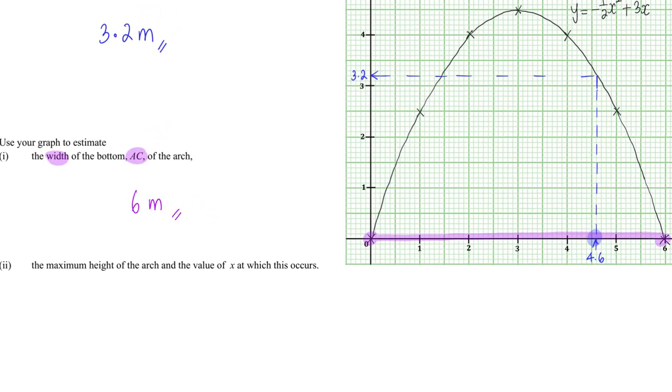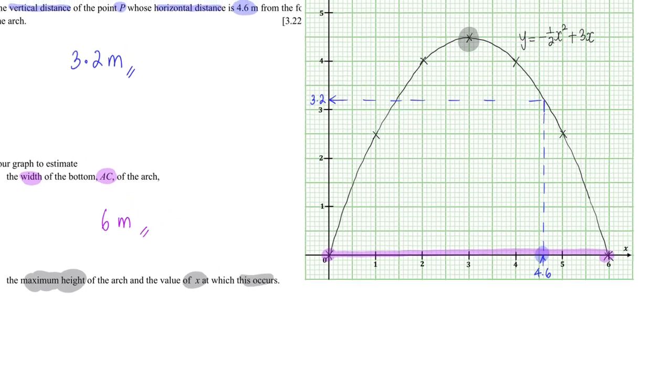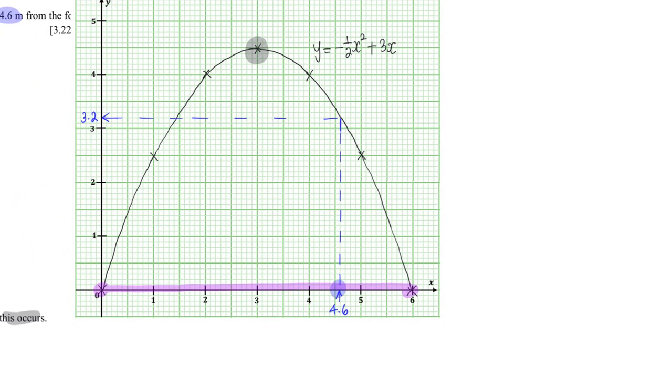The maximum height of the arch and the value of x where it occurs. The maximum height is here, all the way at the top. So the maximum height would be 4.5 meters, and the value of x where it occurs, 3 meters.